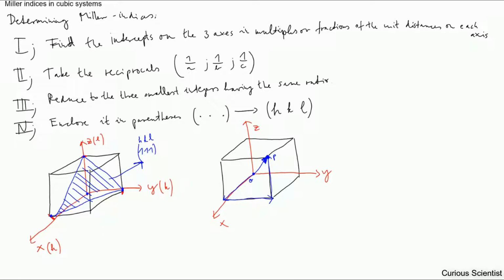If you go back to the previous figure, you can see, it's not nice because it's a two-dimensional drawing, but the OP vector is perpendicular to the 1, 1, 1 plane. So the 1, 1, 1 vector is the normal vector of the 1, 1, 1 plane. So you can construct the planes in two different methods.